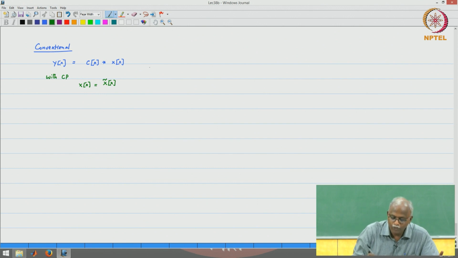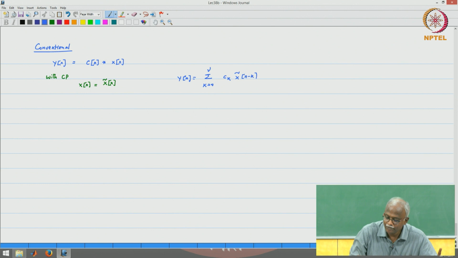So, the input-output relationship now becomes y of n equal to the summation over k from 0 through nu of c subscript k times x tilde of n minus k, right. Of course you can verify that this is nothing but x of n minus k modulo m.